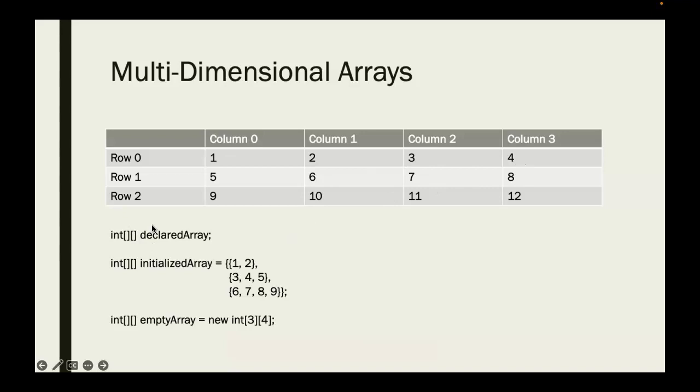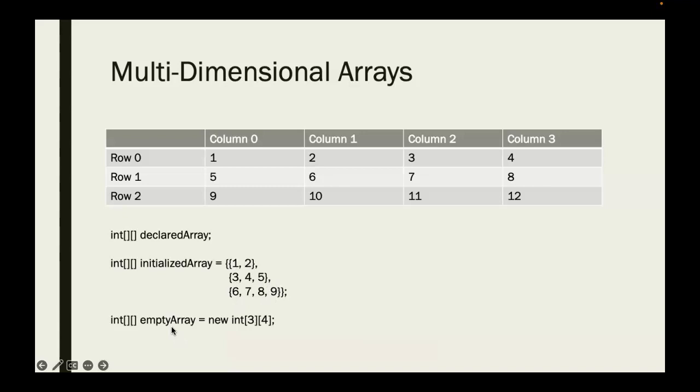To define an array, we use the data type followed by 2 square brackets and then the variable name. To initialize, same concept, except we're enclosing each of these arrays with its own curly brackets, as you can see here. So this would be the first row, or row 0, and then these would be the columns of this array.